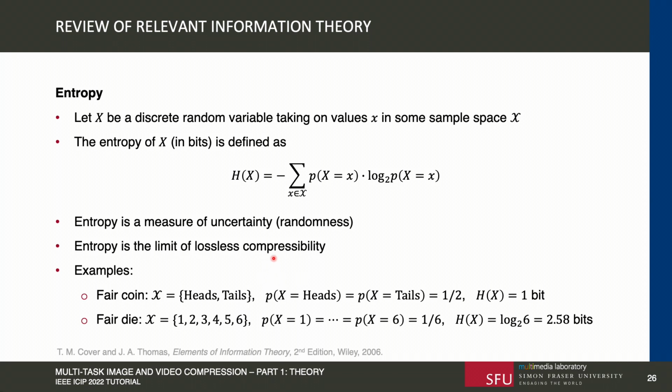Simple examples of entropy include a fair coin with heads and tails as possible outcomes, where the entropy is 1 bit per outcome, and a fair die with 6 sides, where the entropy would be close to 2.6 bits per outcome.